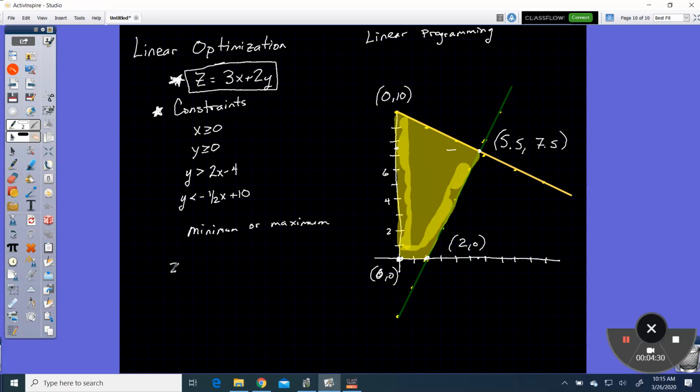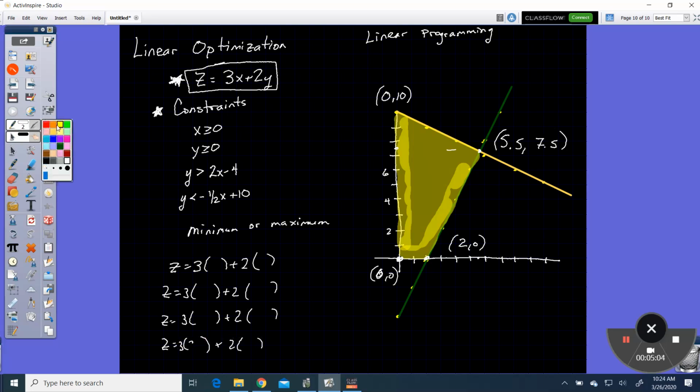So what we're going to have is z equals 3 times x plus 2 times y. Since I have 4 vertices, I'm going to have 4 of these set up like this, and I'm going to put each vertex into these parentheses.